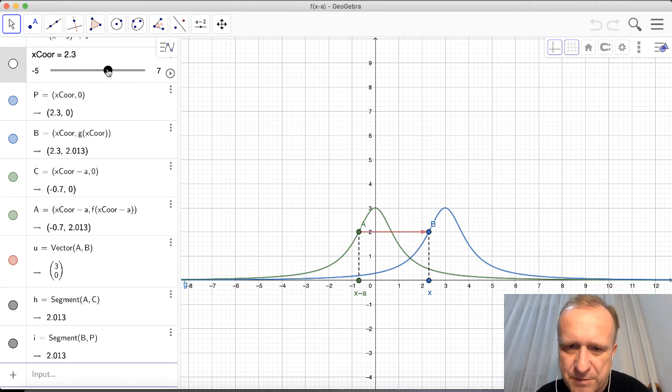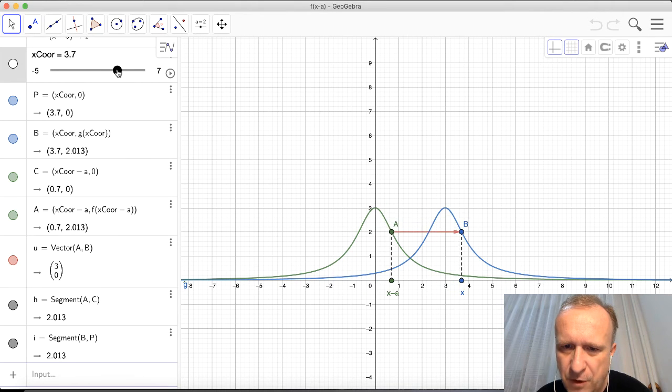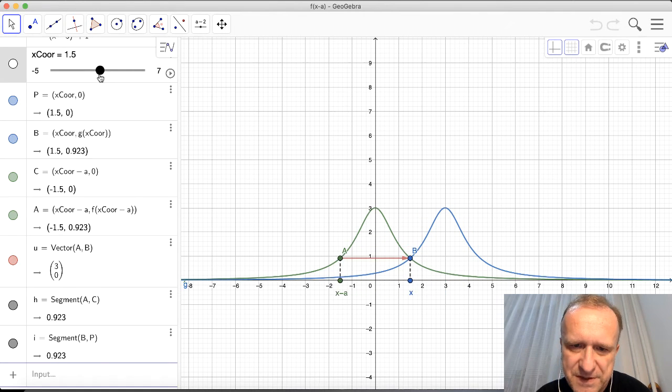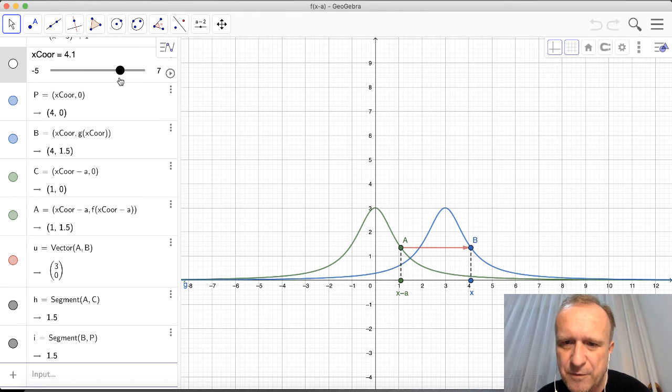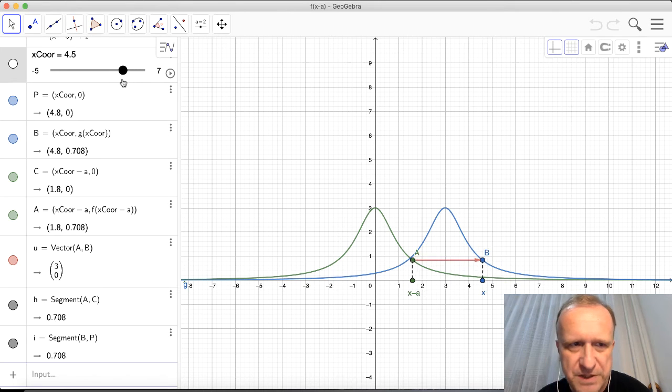But what is important, these points A and B always have the same vertical coordinate. They just have different x-coordinates. And there is this red translation vector that you can see, which tells you the translation, the relationship between these two points.